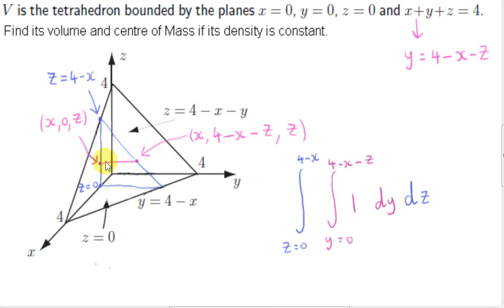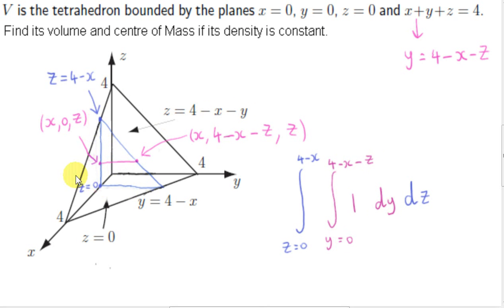Now we're going to get the correct cross section. It's a right angle triangle, as you can see. Now to do that, we need to imagine this line moving in the z direction. So we will sweep out the area of this triangle. So we have to go from z equals 0 to whatever the z value of this point up here is. Now, how do we find that? Well, the equation of the plane is z equals 4 minus x minus y.